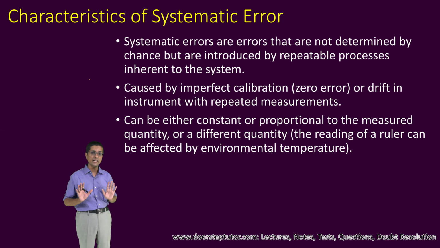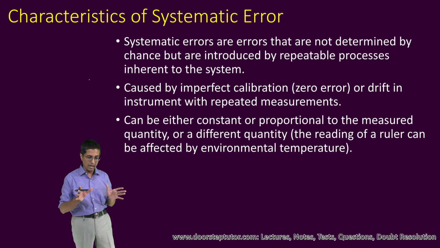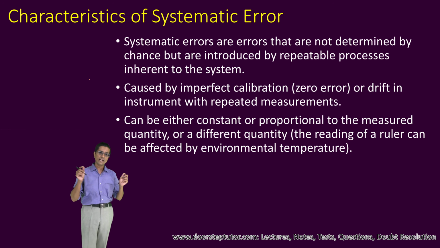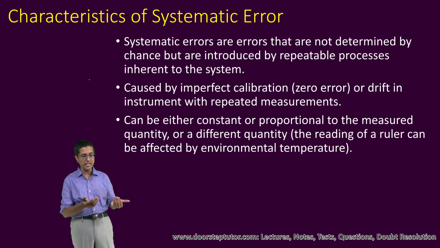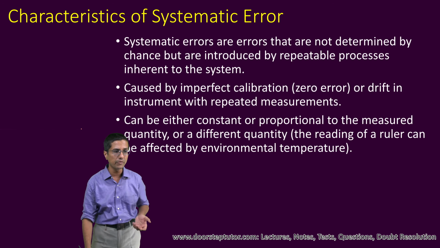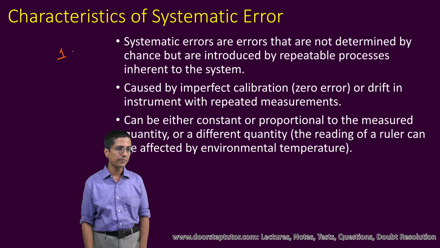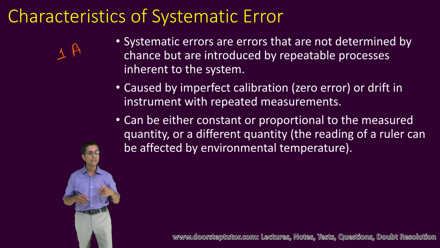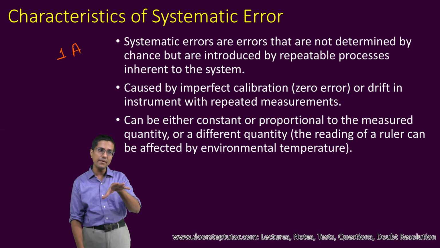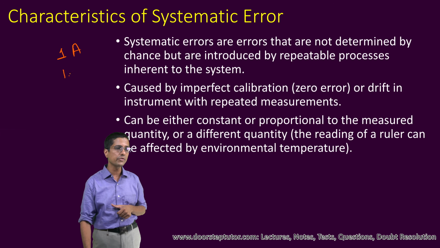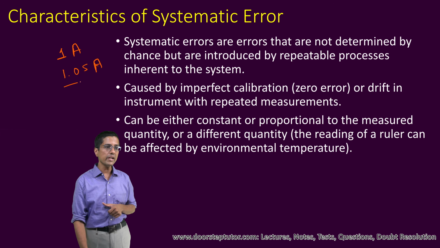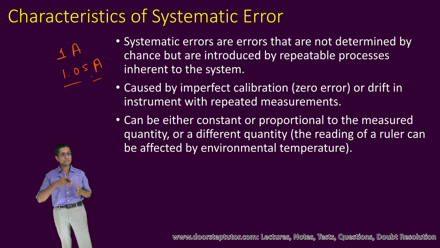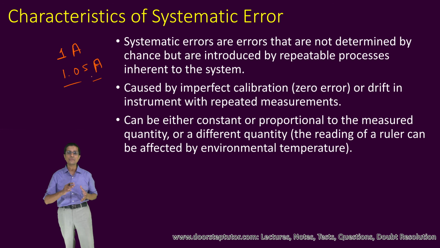Initially, when you took the first reading, it was very accurate. For example, you were able to read the current as 1 ampere. In the next reading, just because the instrument heated up, the current is still 1 ampere, it has not changed, but the instrument might show you 1.05 ampere. So this is known as drift. Drift errors are those systematic errors which change with time.